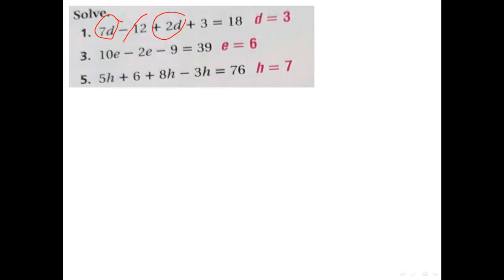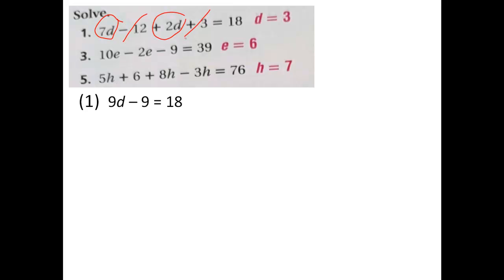And we have negative 12 and positive 3, it will be negative 9. And all of this will equal 18. 9d, negative 9 equals 18.